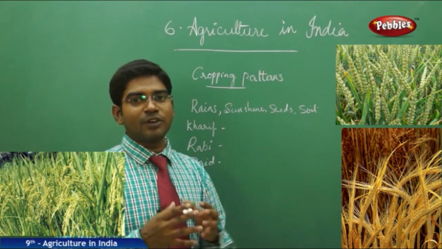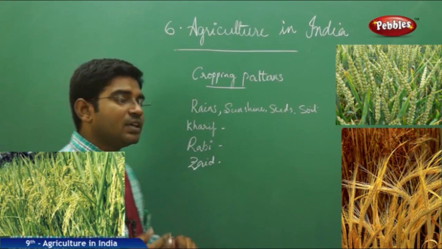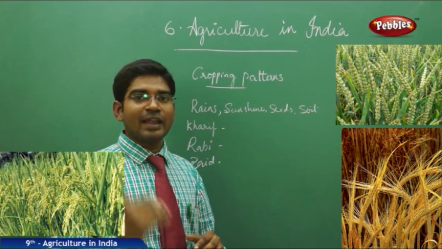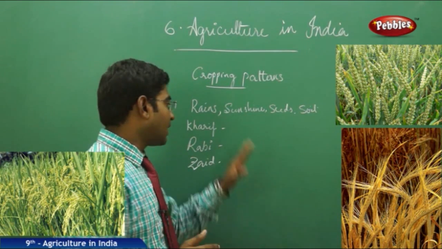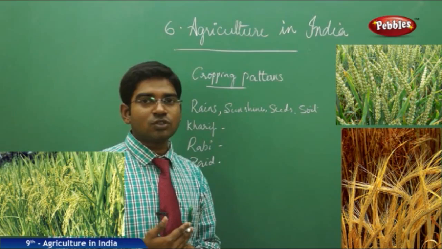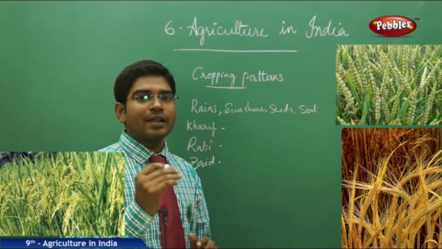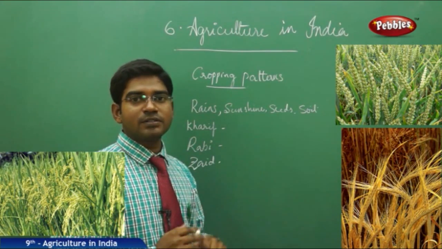They give a gap for a particular period, and most farmers prefer to give the break during the Zayad period. But now, because of commercialization, people have started to use the land continuously without any break, so they utilize all three cropping seasons. Now let us find out the major crops grown in the different seasons in different corners of India.